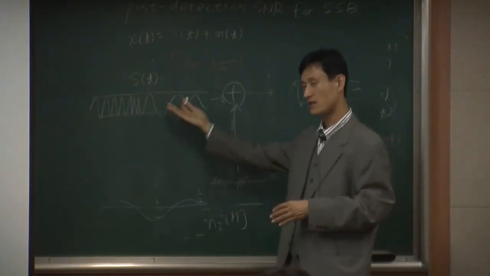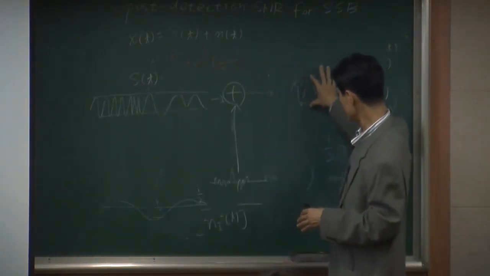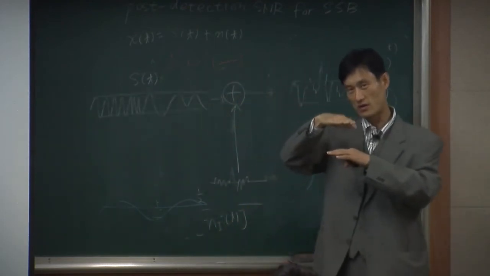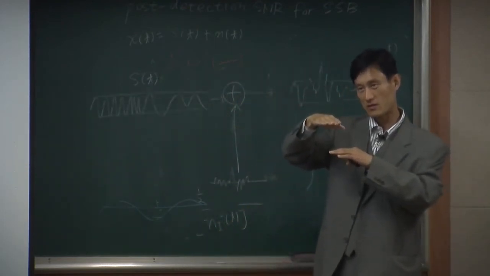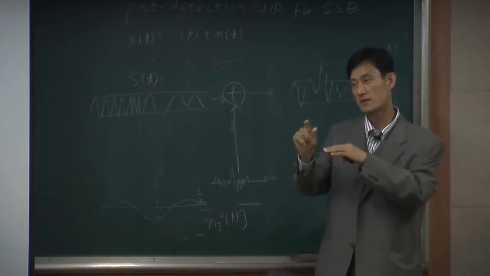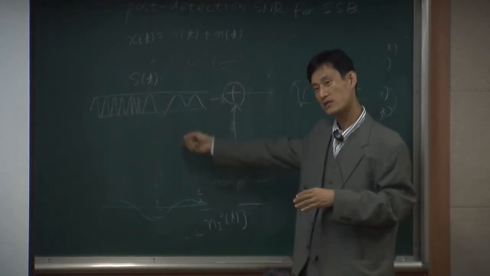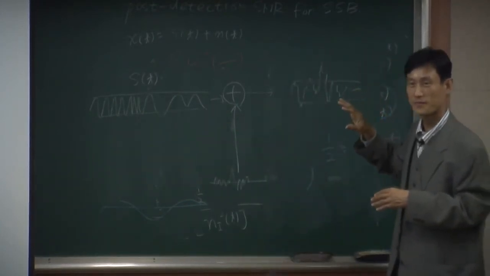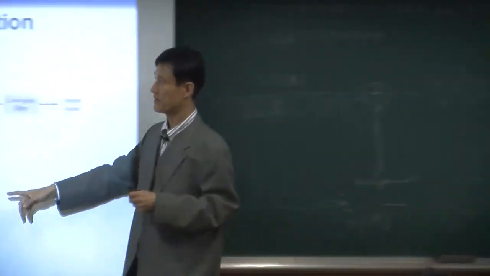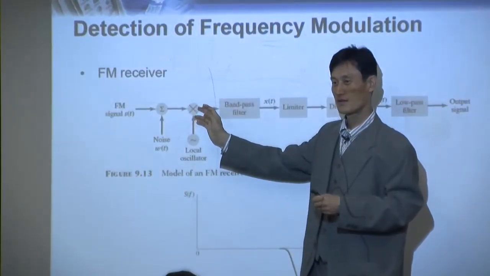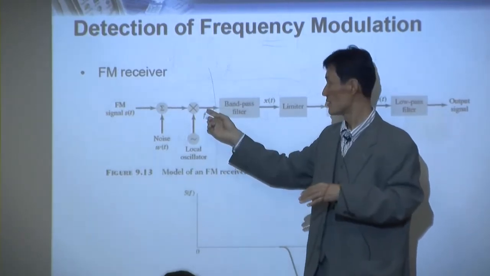Noise is being added, so your amplitude is not constant anymore. Your amplitude maybe is going up and down a little bit, right? Because you add the noise here. That's what you have here, somewhere here, okay? Your amplitude is not constant.